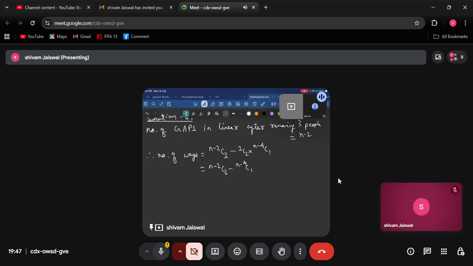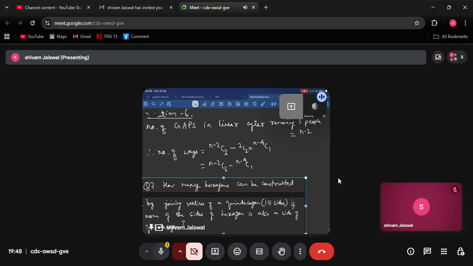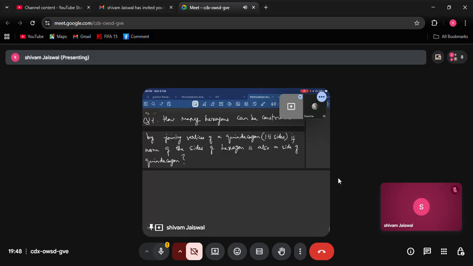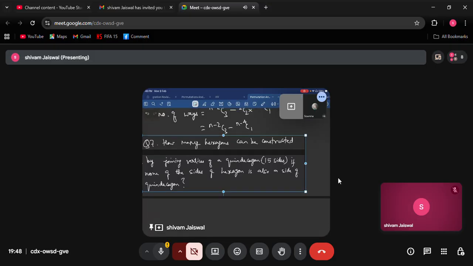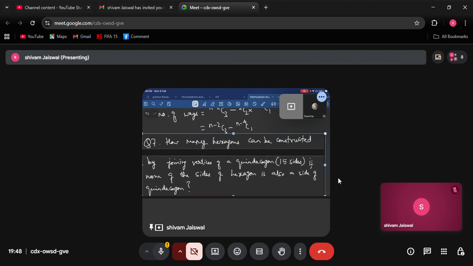And give the answer in terms of expression only. No need to simplify. Samita, did you understand the previous one? Yes, sir. Okay, try number 7, everyone. Solve.